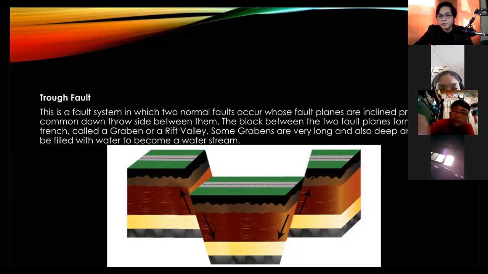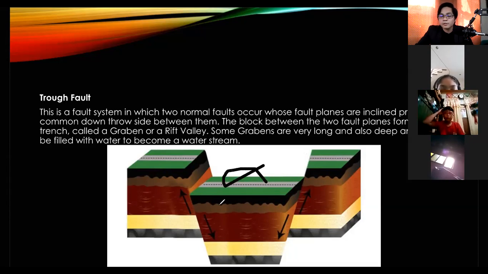Okay? You need to analyze the image. Sometimes I will give images in order for you to analyze. You need to analyze the image and identify some areas. Like for example, in this image, the trough fault, the graben there is in the lower part. This one, this is the graben, and the horst is in the upper part.